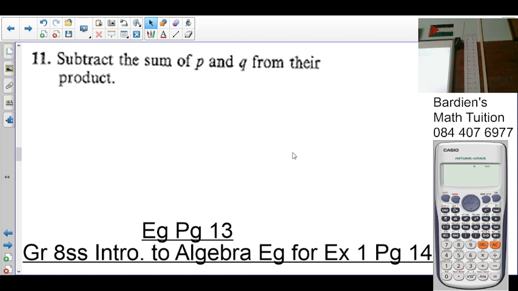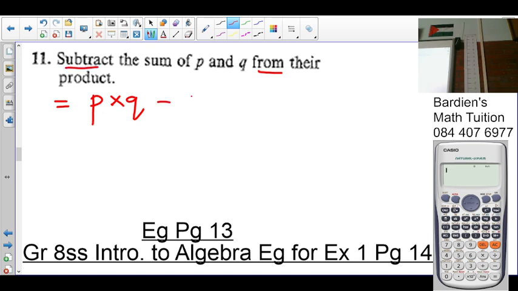Product must go first. Why? Whatever follows from you, write first. From the product, so it's going to be P times Q, or PQ, minus P plus Q.